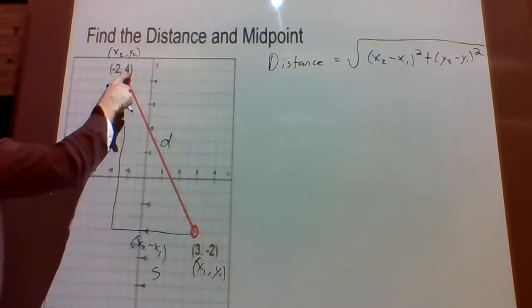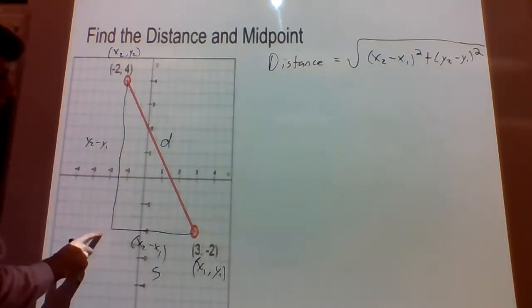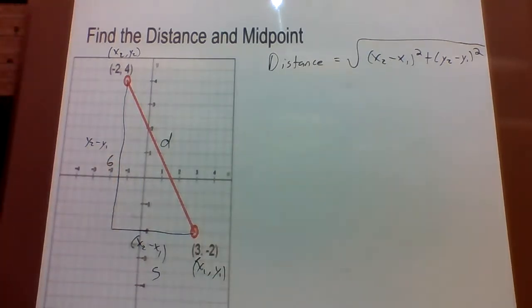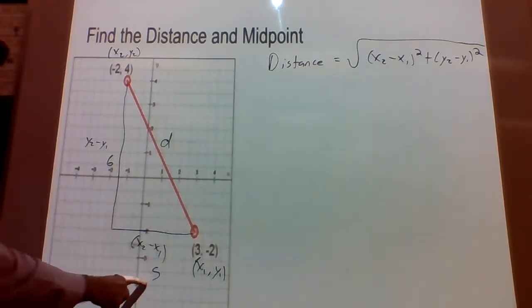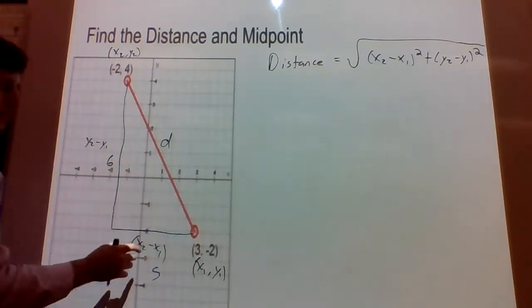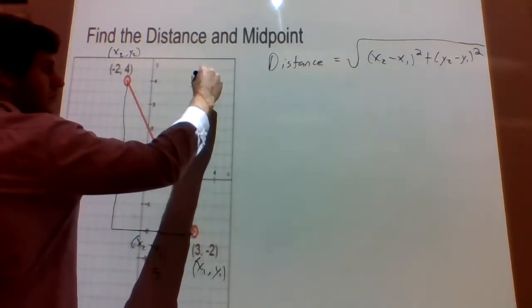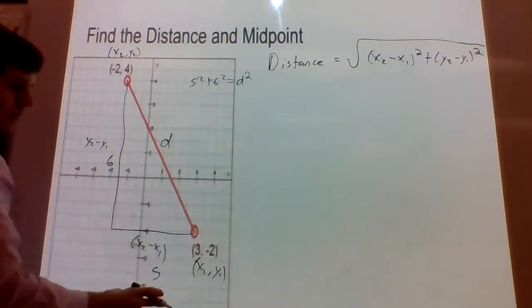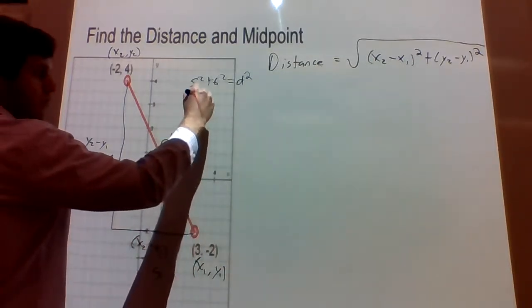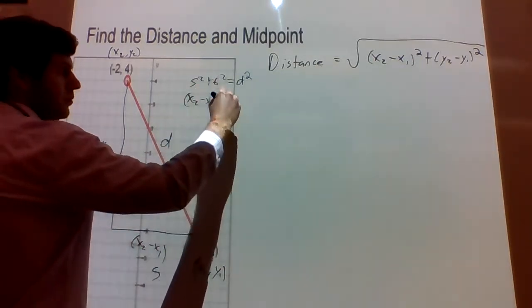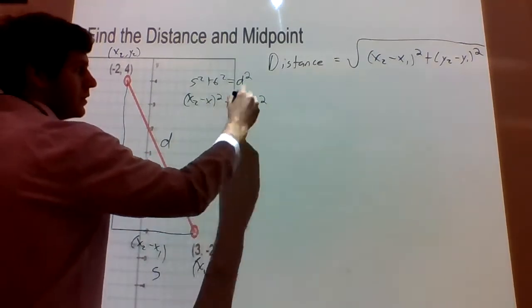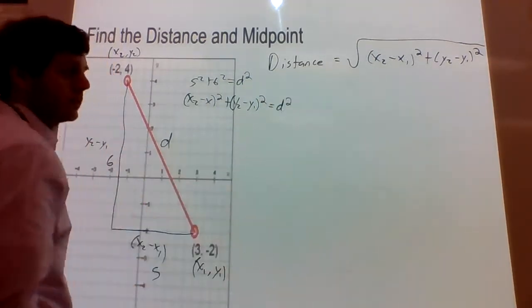This is a distance of 4 and -2, so this is a distance of 6. So the Pythagorean theorem tells us 5 squared plus 6 squared equals d squared, or in other words, x2 minus x1 squared plus y2 minus y1 squared equals d squared.